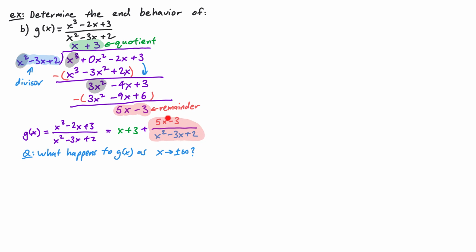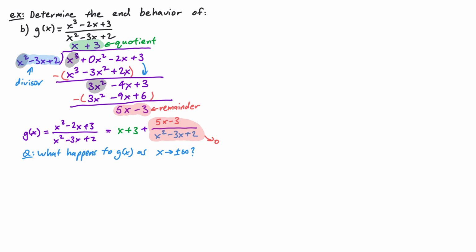What we've highlighted here is in itself a rational function where the denominator has a higher degree than the numerator. As we learned in a previous video, if the denominator has a higher degree, when we plug in larger and larger positive values or larger and larger negative values for x, the overall size of the fraction becomes smaller and smaller. It gets closer and closer to 0.